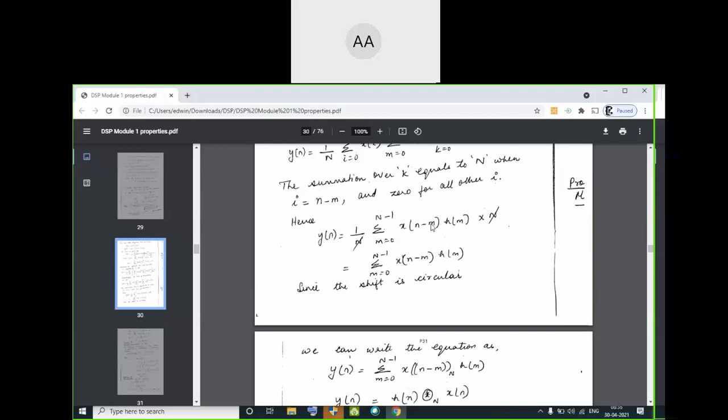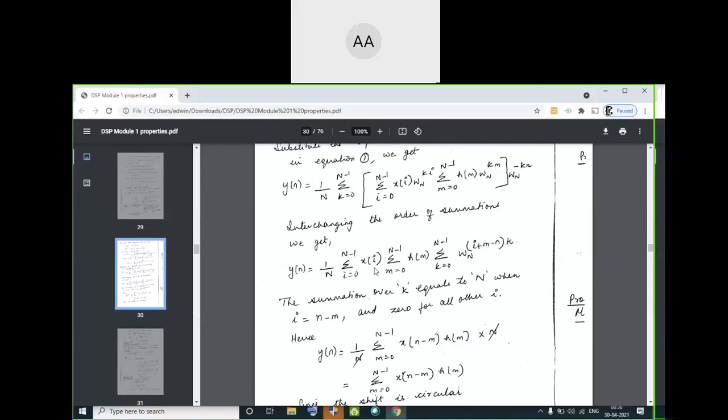So in order to make it equal, you are just replacing this l with n minus m. This is h of m, just like that. You want to club both these summations and write it as a single summation. Getting it? So you want to write m equal to 0 to N minus 1. Because l you don't want, you want n minus m. So that is the reason you replace l with n minus m.